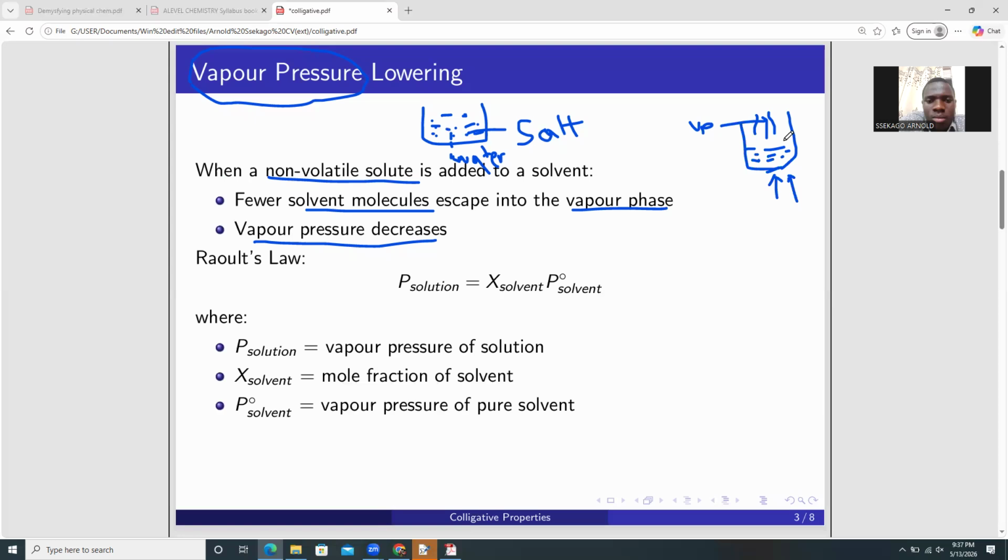So what are we trying to say here? If you add a solute, for example salt, to water, and you boil this solution, this is the effect of adding a solute on vapor pressure.